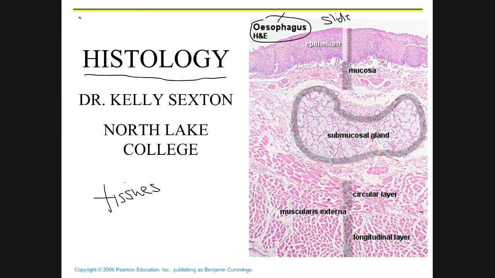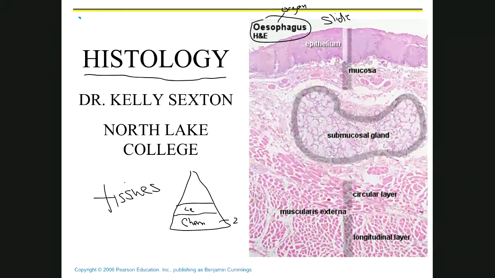And if you remember our pyramid, we talked about it yesterday. If you look at the pyramid, remember we start down here at the chemical level. Well, there's a chapter for chemistry in our book, but we're going to skip it. Now, hopefully you've had chemistry. If you have not, you might want to read this chapter, but that's chapter 2. And then the next chapter in the book, if you move up on our pyramid, is the cellular level, so cells.